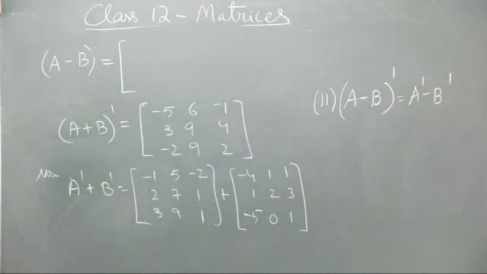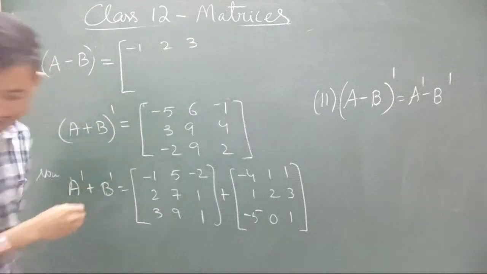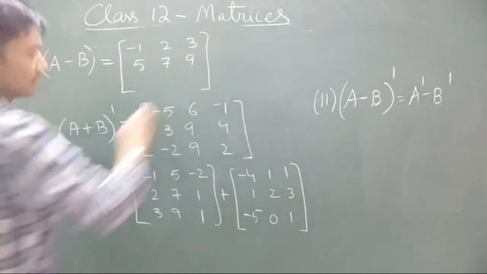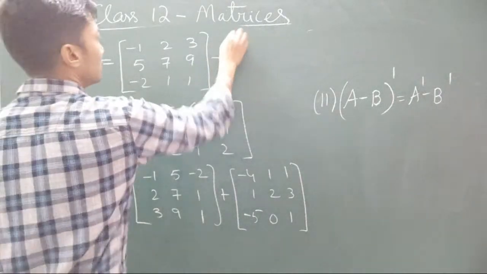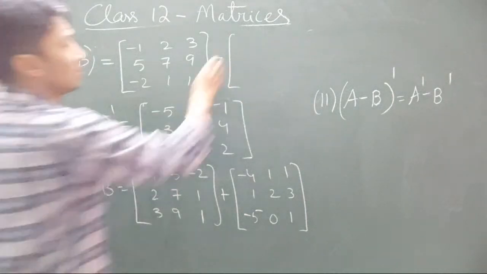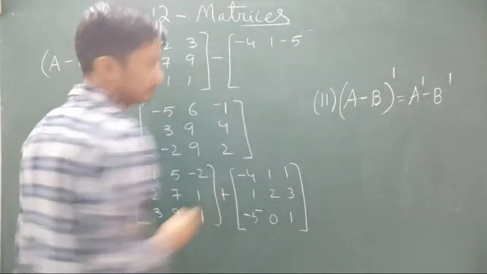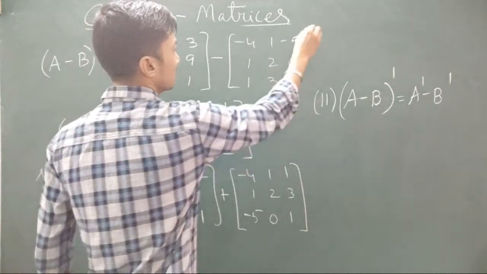So A minus B: -1, 2, 3, 5, 7, 9, -2, 1, 1, minus B: -4, 1, -5, 1, 2, 0, 1, 3, 1.